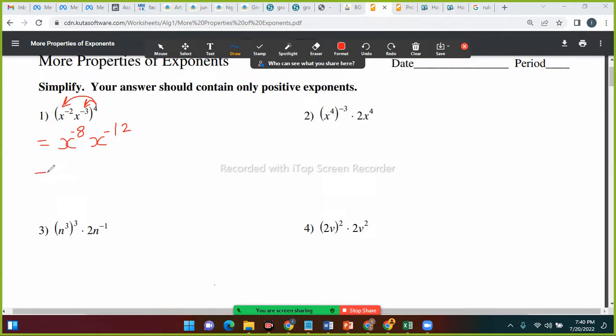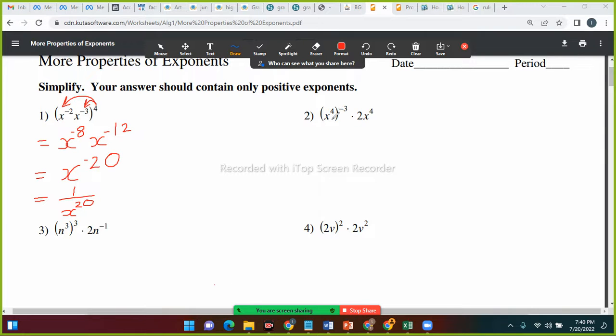And so it's going to be equal to x to the power of negative 8 and negative 12. That's going to be negative 20. And we know that we could use the negative exponent rule so that it could be 1 over x to the power of 20. So then there's that.